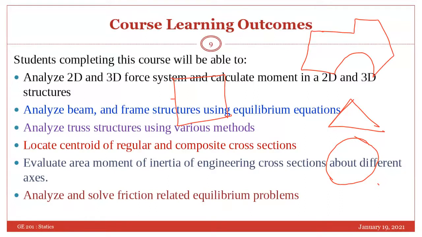And also after completing this course, you will be able to calculate the area moment of inertia of various types of engineering sections, regular as well as composite. For the same sections, you will be able to find the moment of inertia about this axis, or about the centroidal axis, or about the axis passing through the top, or about this axis, or about the axis passing from this point.